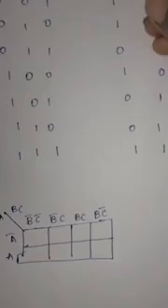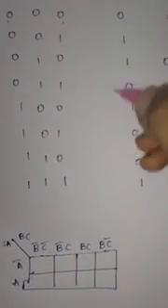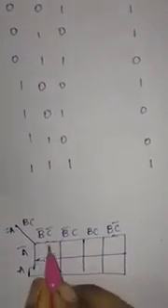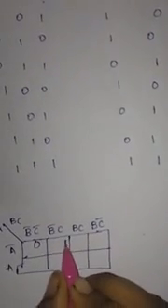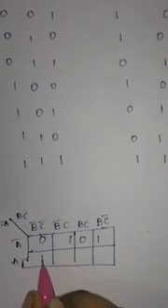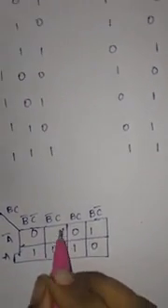Now we have to fill it with the output: 0, 1, 0, 1, 1, 0 and 1, 0. There are no pairs. We have to get the output using isolated terms.